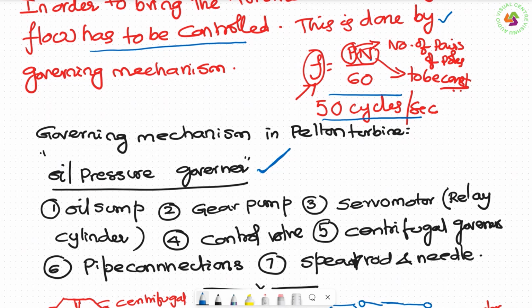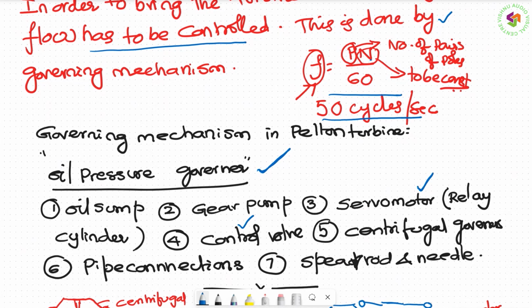Depending on the oil pressure on both sides of the piston, the spear rod will be moving in this servo motor, or relay valve, so that the flow can be controlled.